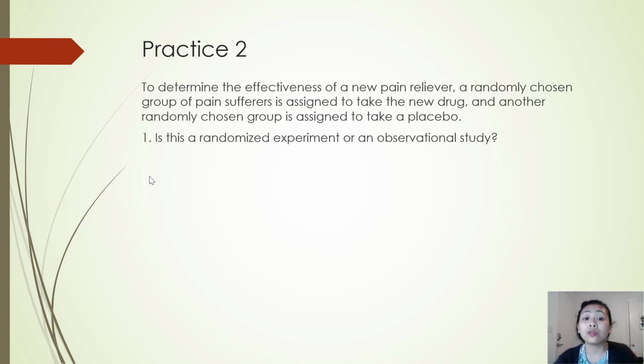Remember the difference is just who decides the treatment. In this situation, a randomly chosen group of pain sufferers is assigned to take the new drug. They're not free to choose the drug, but they are assigned to take it. So this is experimental design, a randomized experiment.